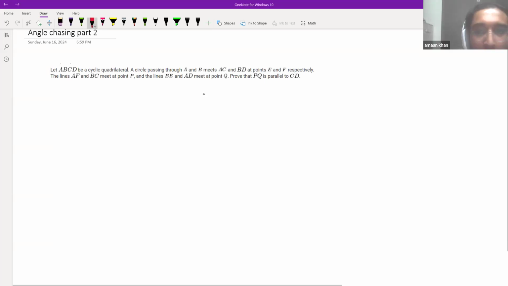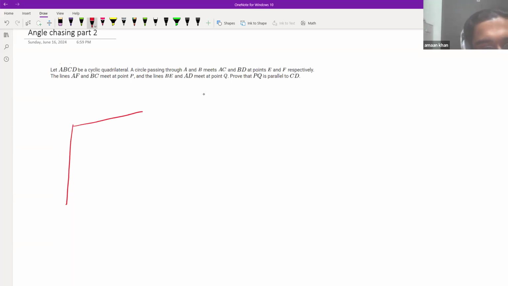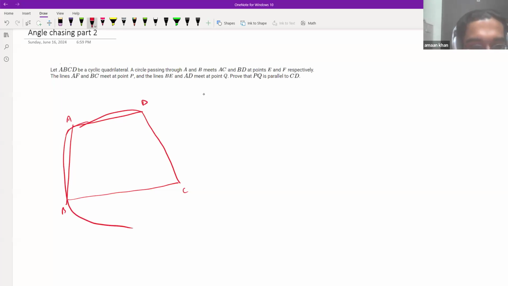I'll just start off with drawing the diagram first. ABCD is a cyclic quadrilateral. Yeah, I'll just draw it.